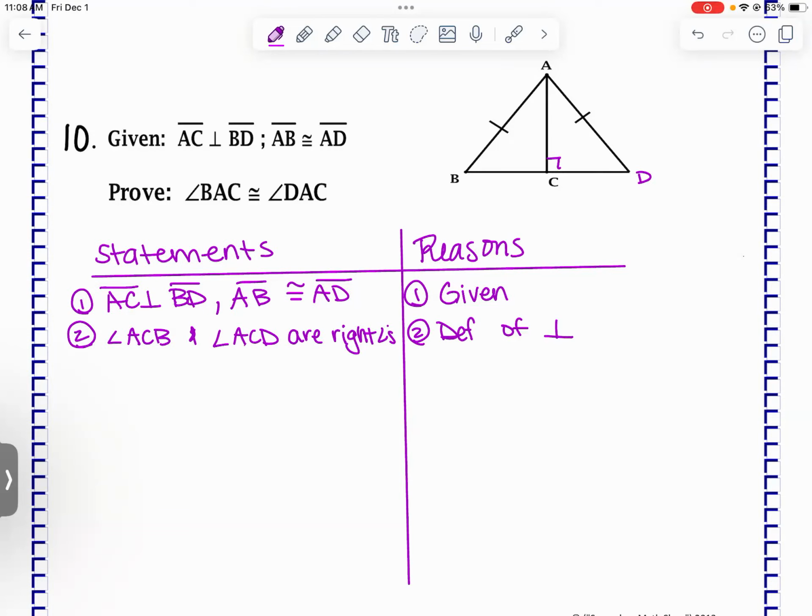Now, if you're saying we can use hypotenuse leg, the first thing that needs to be in our proof is that the triangles... no. Hypotenuse leg only works if we have what kind of triangle? Okay, so triangle ACB and triangle ACD are right triangles.